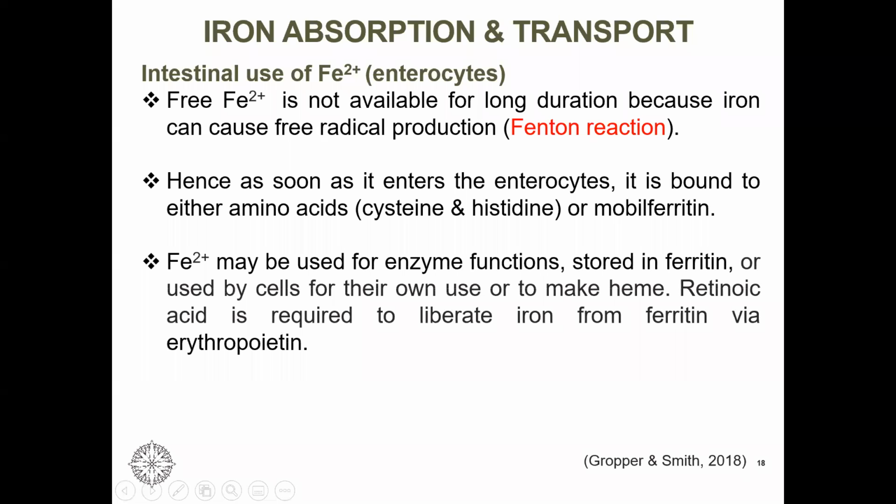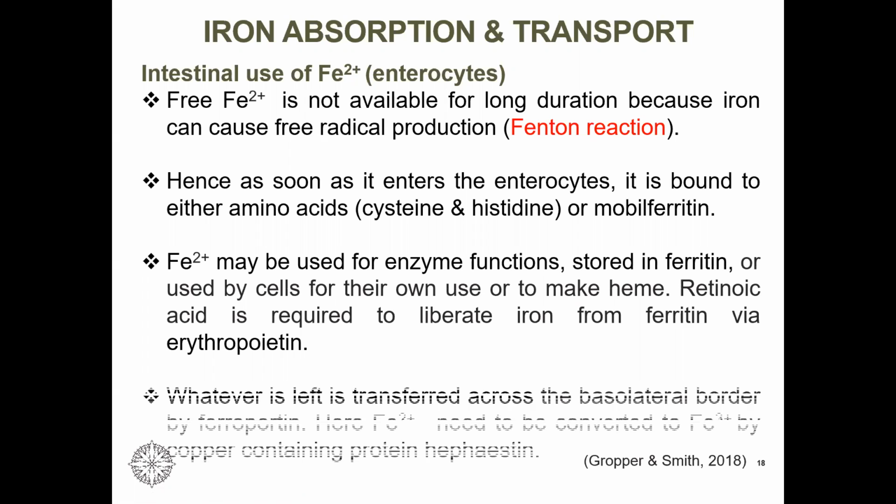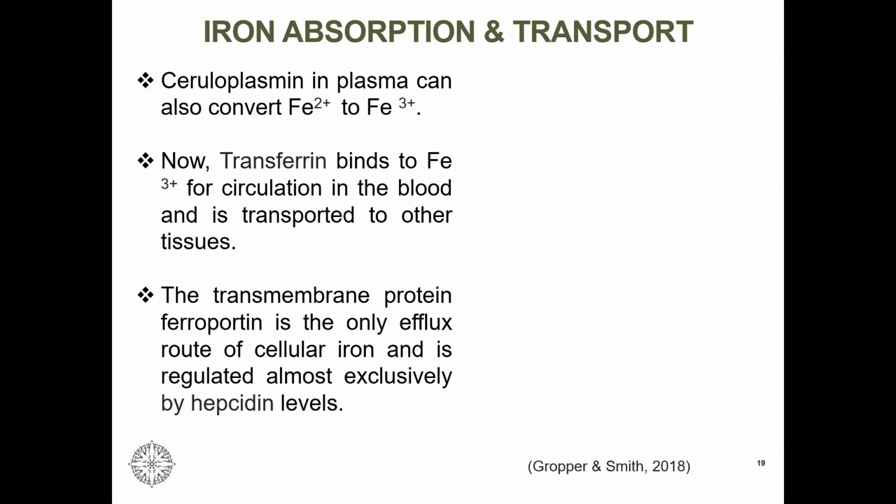So that's why in the enterocytes, it is bound to some protein or the other. And when it is stored as ferritin, it has to be released to the blood. There also we need retinoic acid, and we also need ceruloplasmin there. Okay? Because again, iron has to change form.